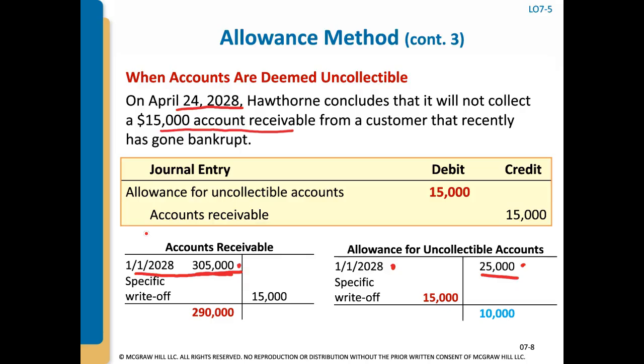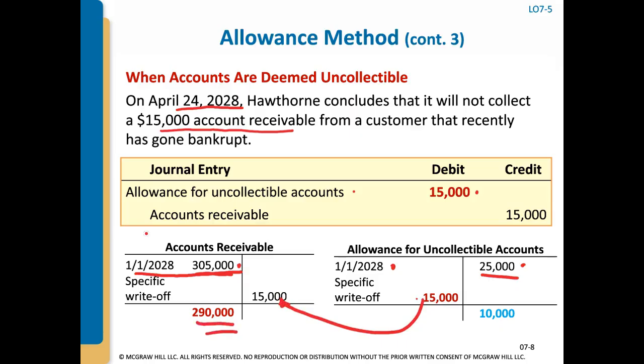Now we've said, okay, this 15,000 is for sure we're not going to collect it. Because the allowance for uncollectible accounts is what we think we're not going to collect. Now we know for sure we're not going to collect $15,000 of this amount. So now we can actually reduce our accounts receivable by the $15,000. So we're going to debit this allowance for uncollectible accounts by $15,000, and basically we're going to move it to reduce our accounts receivable.